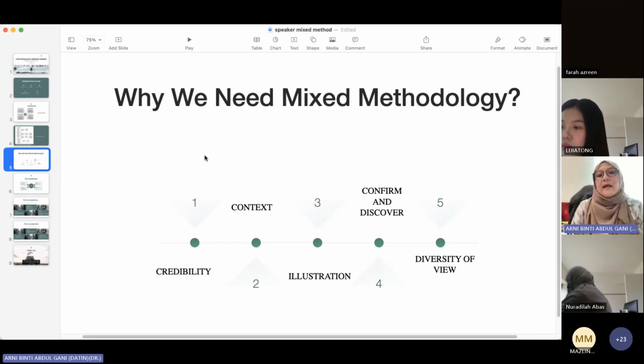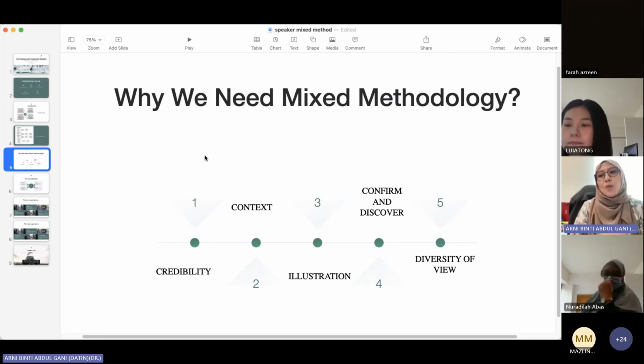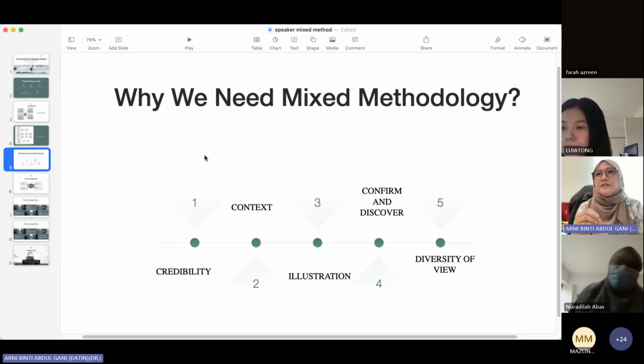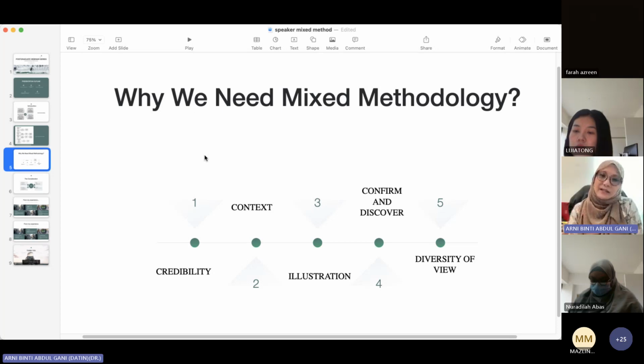Context means the blend of mixed methodology where you have quali and quanti. So qualitative is basically justified where the qualitative part provides the contextual understanding, maybe alongside giving you some generalizable variables or findings, which eventually from there you test using quantitative. So that is in terms of context.